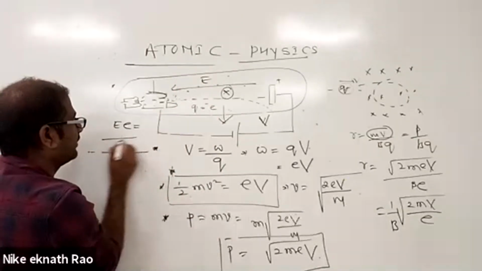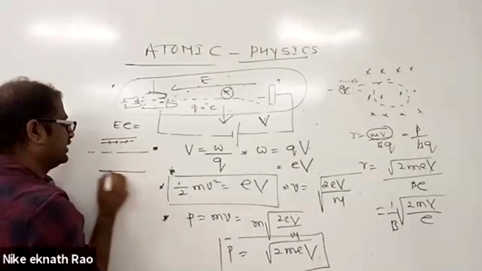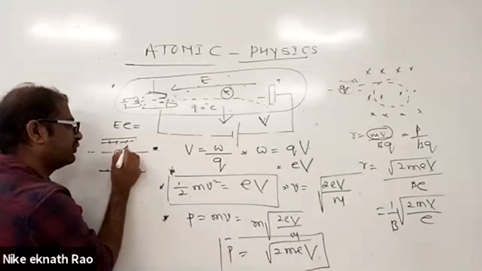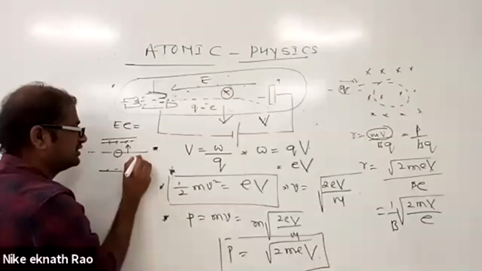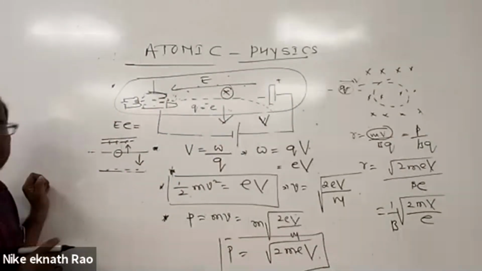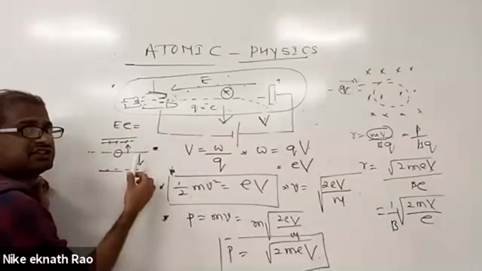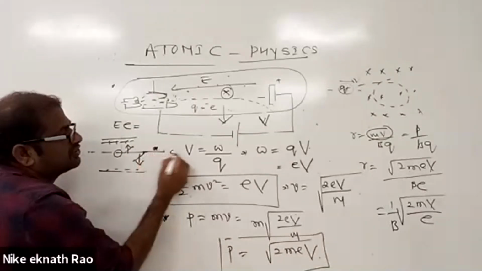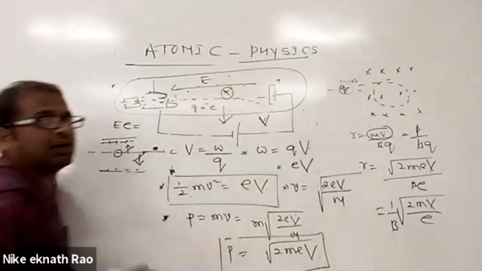One more electric field is applied, positive plate here, negative plate here, so the electrons experience an upward force like this. The magnetic field is here downwards, and this field is for accelerating. This is called a transverse magnetic field. When these two forces are equal, the electron goes with constant velocity and strikes the particular target.